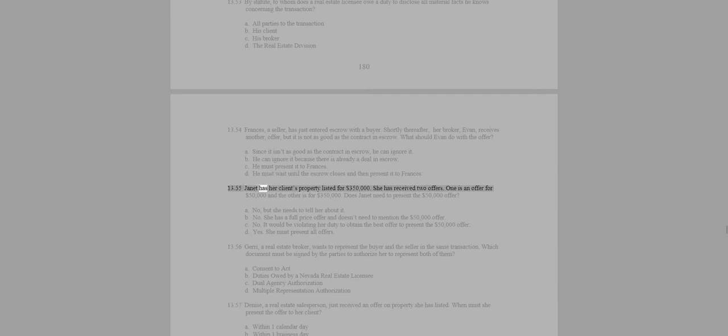13.55 Janet has her client's property listed for $350,000. She has received two offers. One is an offer for $50,000 and the other is for $350,000. Does Janet need to present the $50,000 offer?